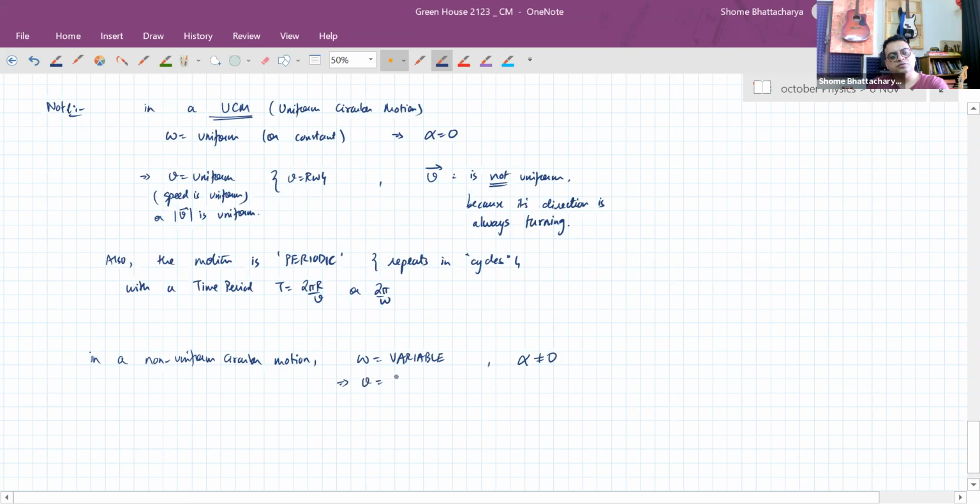So speed is also variable. It has variable speed and no definite time period. So the motion is not periodic.